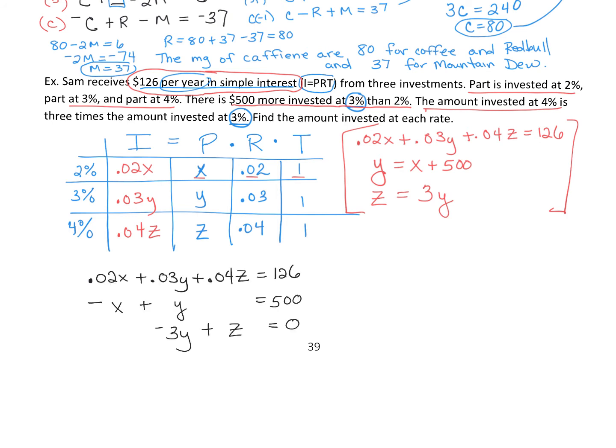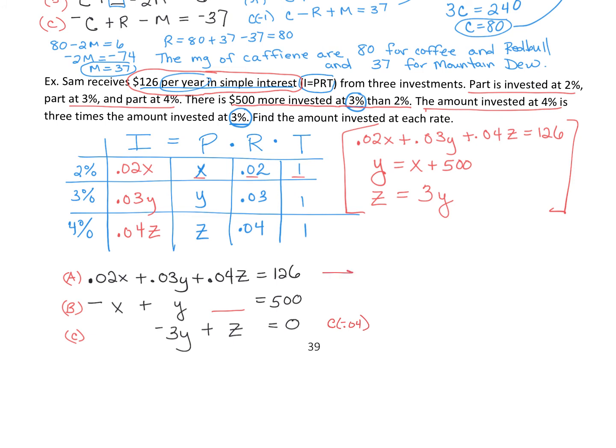Now I notice that this first equation and the third equation have a Z, but this one does not. So I'm going to label these equations A, B, and C as we have been doing. And I'm just going to multiply C by negative 0.04 so that my Z's will go away.